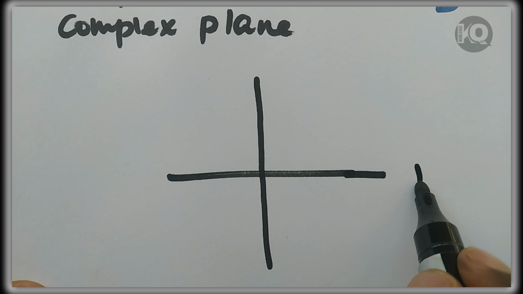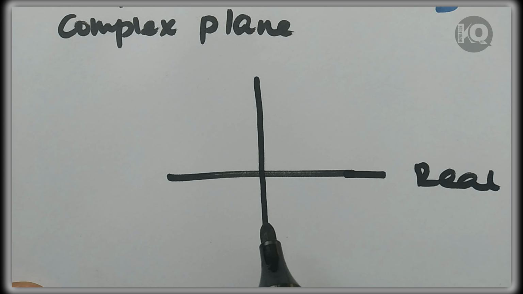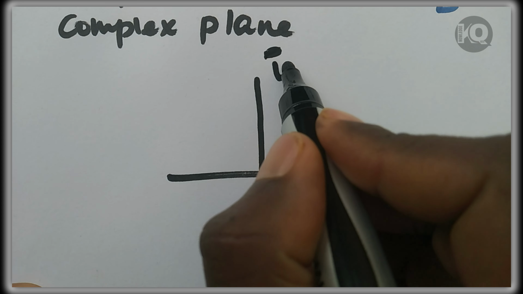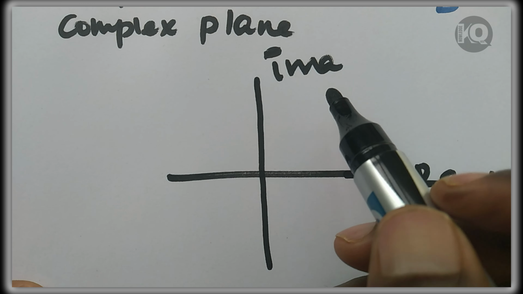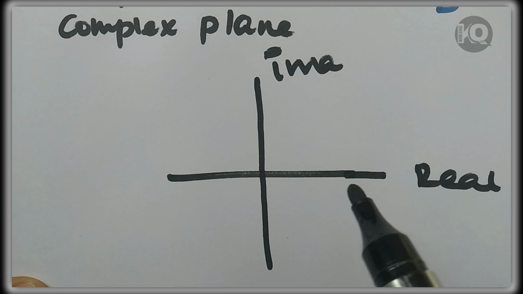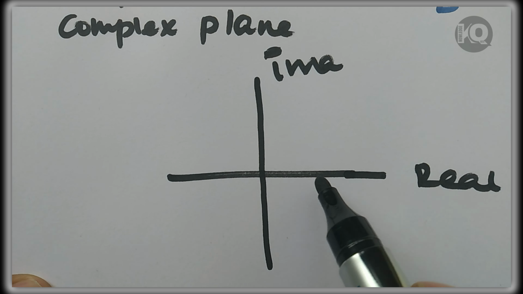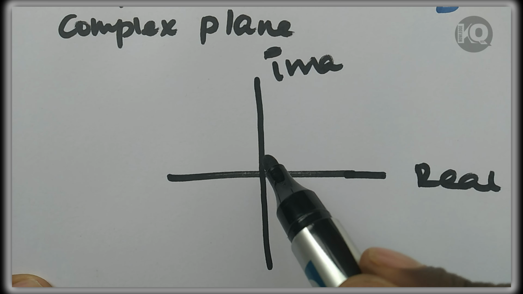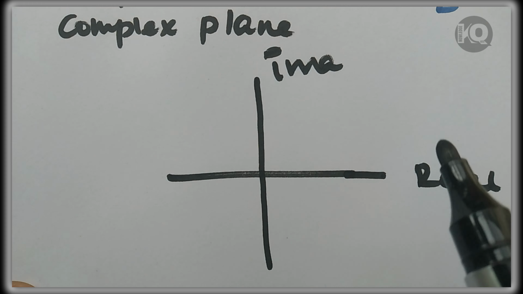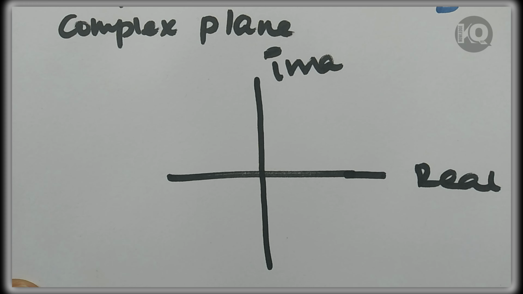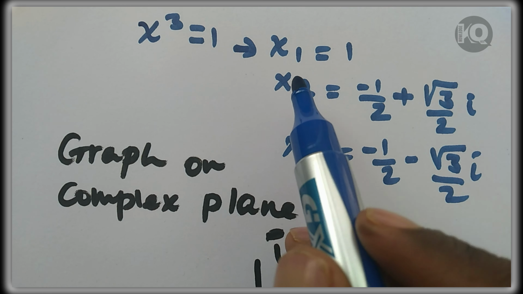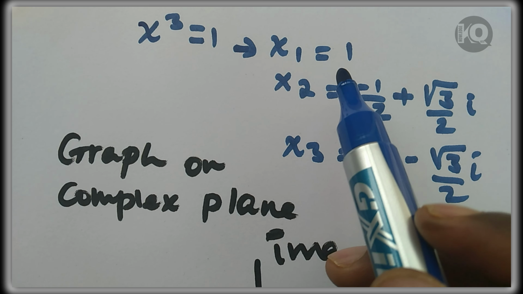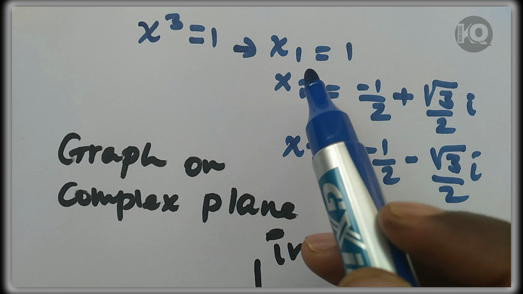So we have the real part and we have the imaginary part, and we have modulus and argument. But for this case, let's plot and indicate the points. So we have a real solution, that's the modulus of x1, which is equal to 1.